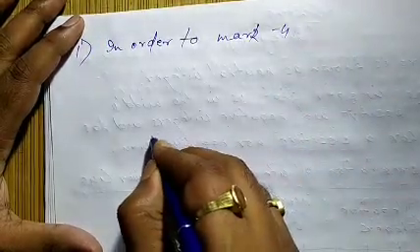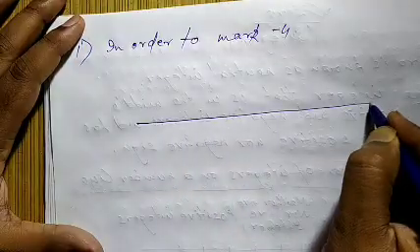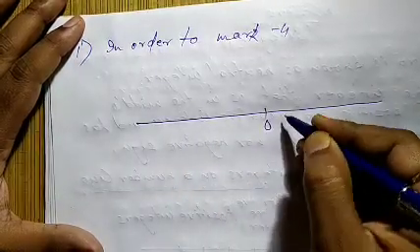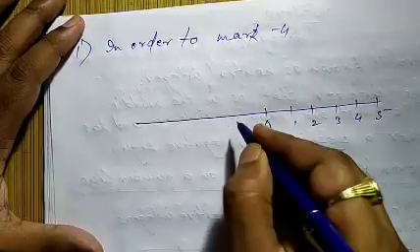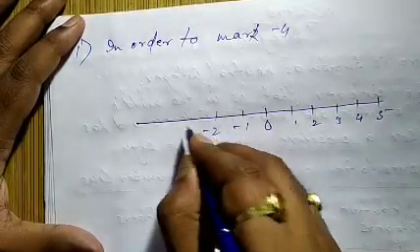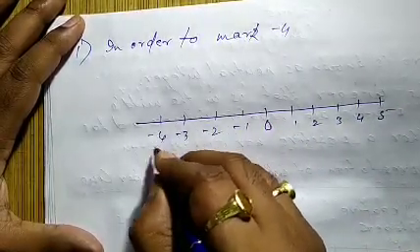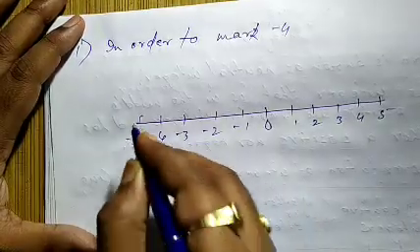See here, this is 0, 1, 2, 3, 4, 5, and -1, -2, -3, -4, -5, and so on.